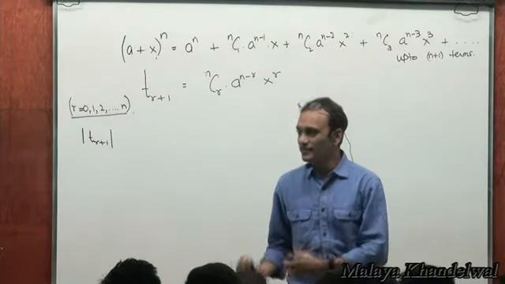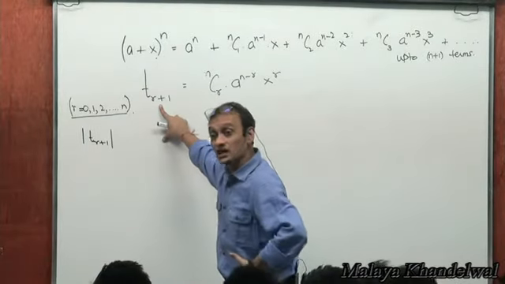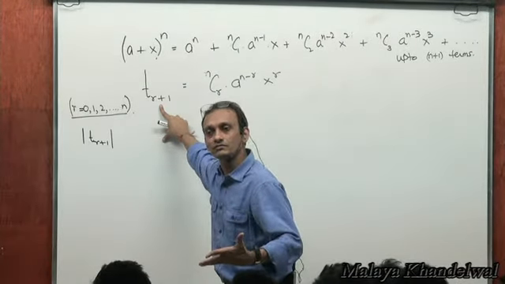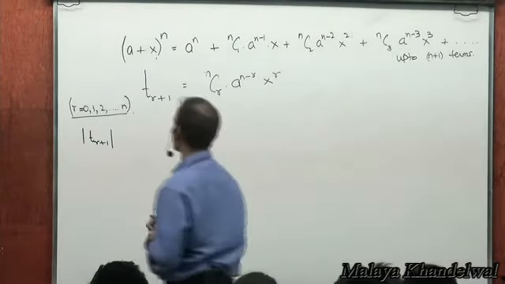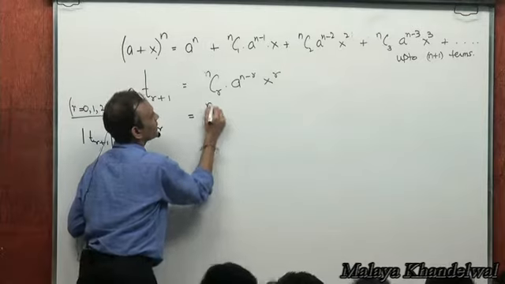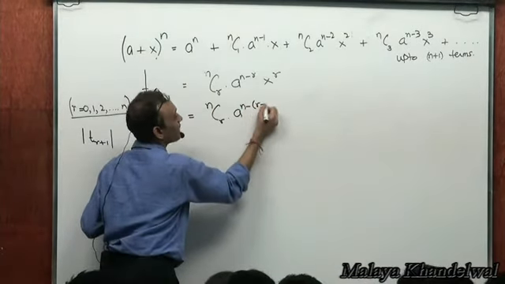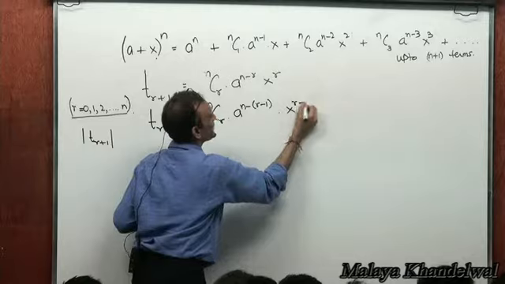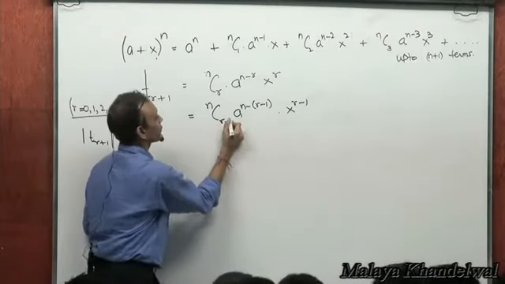This is a term t(r+1). The previous term would be tr, isn't it? That means I am comparing neighboring terms. tr would be what? nC(r-1) a^(n-r+1) x^(r-1), isn't it? Right.